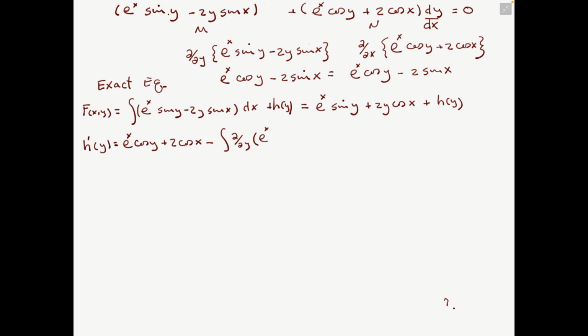Now we go to h prime of y is equal to e to the x cosine y plus 2 cosine x minus d dy of the integral of e to the x sine y minus 2y sine x dx.